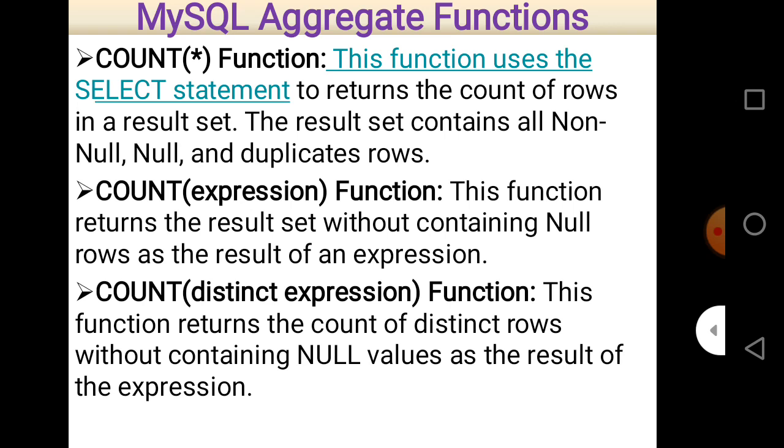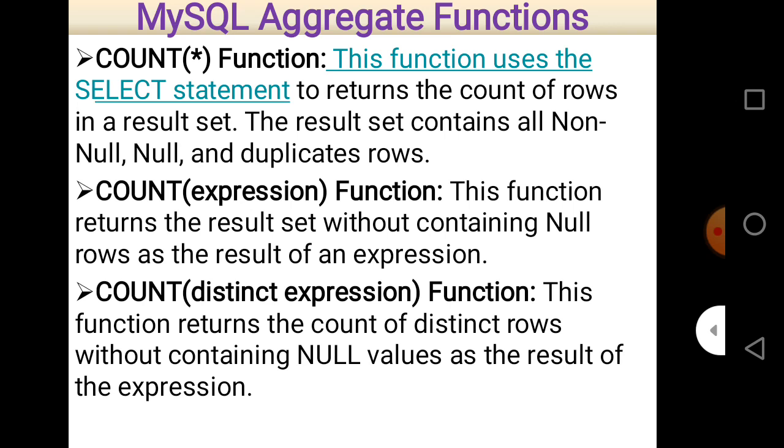So the idea is very simple. Whenever you put an asterisk within the parentheses of count, it simply means that it counts each and everything, whether the value is null or not null. And whenever you use count with just an expression, it doesn't count null values. And the third important thing: whenever you write count distinct expression, it removes the duplicate values and counts them as a single value.